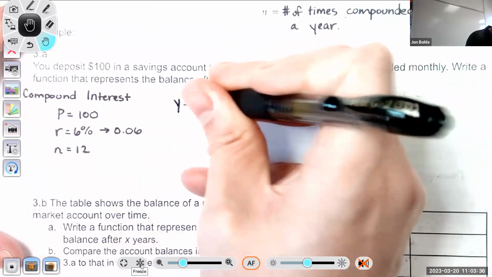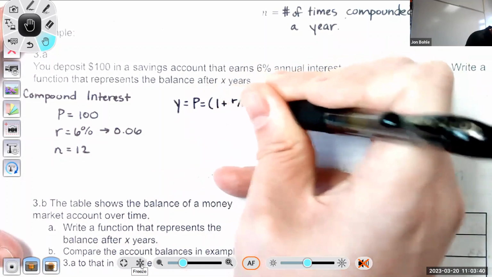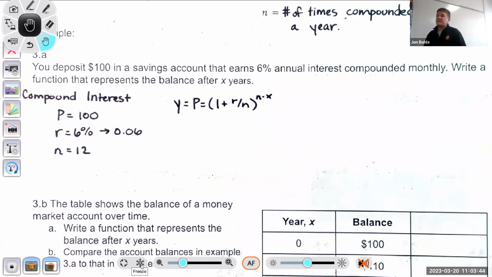At least at this point, what I like to do is I personally like to write the formula down. You write it down enough times, you're going to have some general understanding about it. And then we're just going to start replacing the numbers.